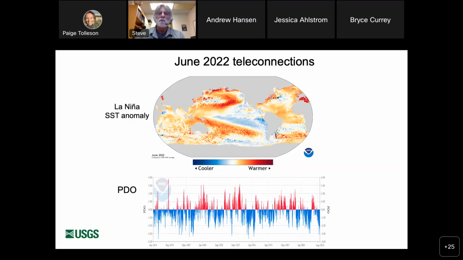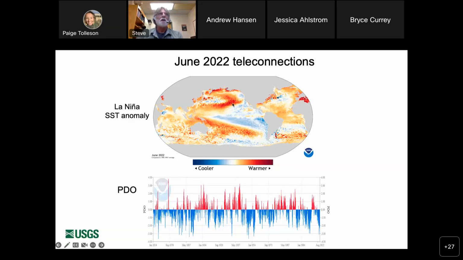What's pretty apparent here is that there's this big warm anomaly in the North Pacific, the classic El Nino or La Nina pattern here with increased cold water upwelling along the South American coast, and then propagation of that across the Equatorial Pacific. So this is the setup that we were looking at in June.